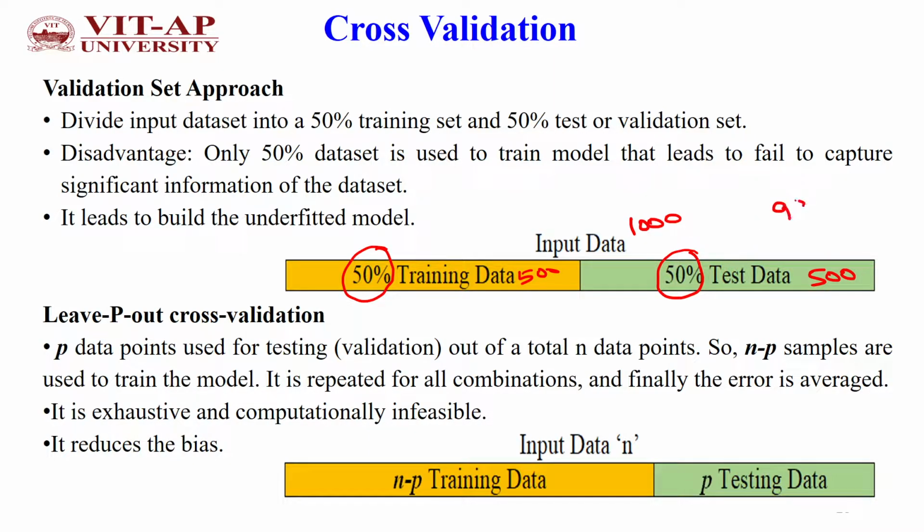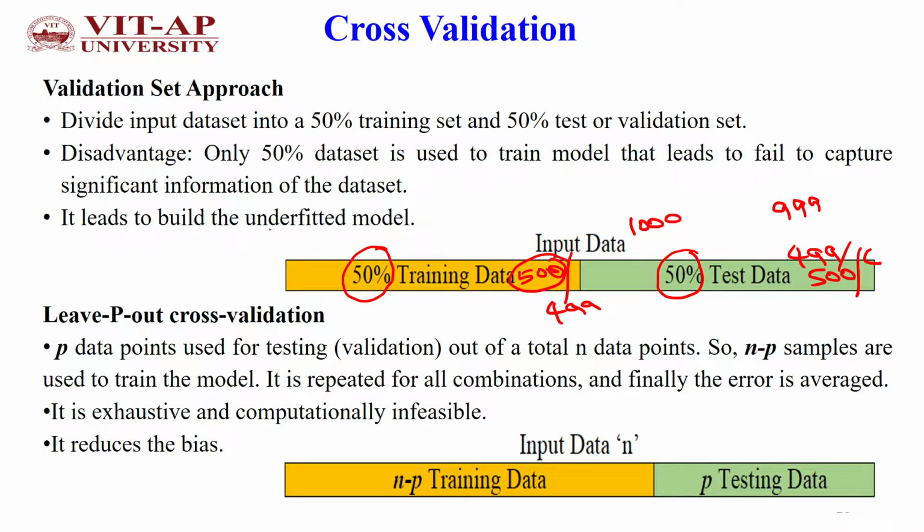If there are 999 samples, approximately 500 or 499 will be split for training and 500 or 499 will be allotted for testing. So exactly 50 percent is available for both phases.